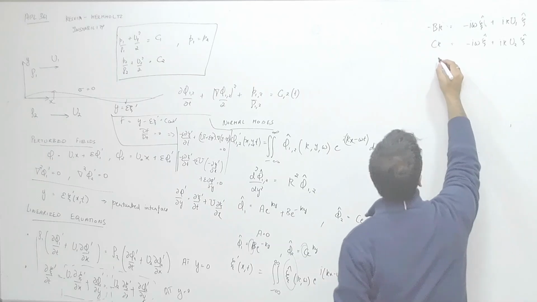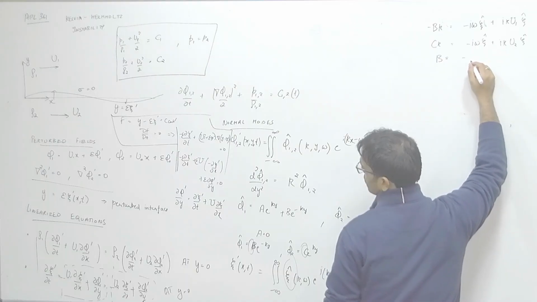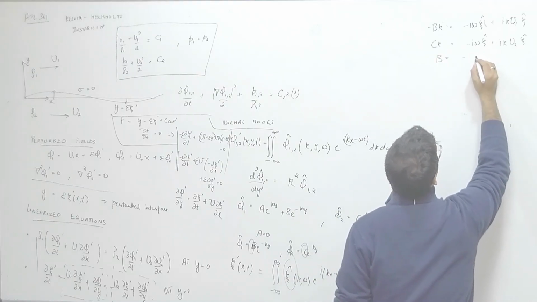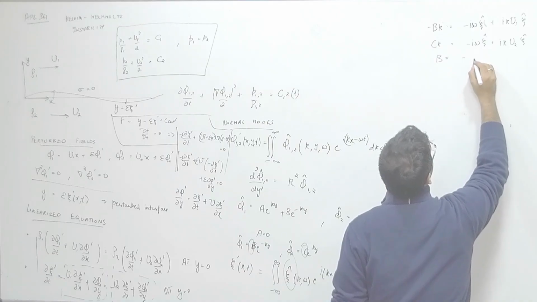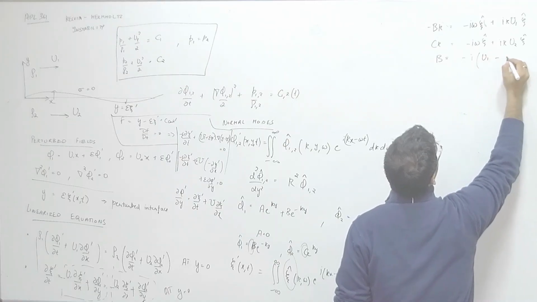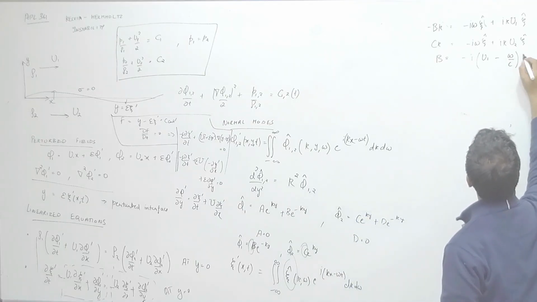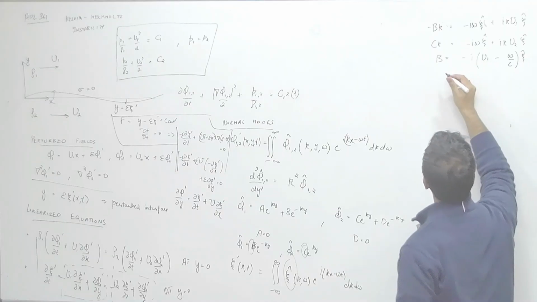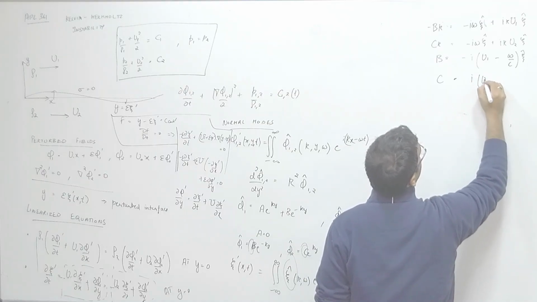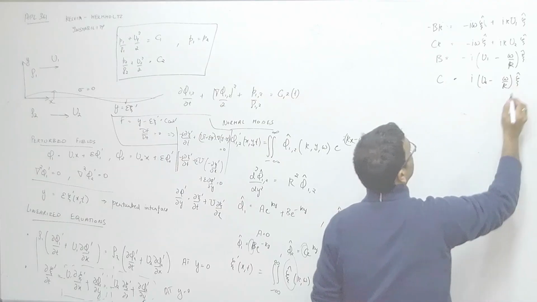Okay, so b is minus of I u1 minus omega by k, right, c hat. So there are two minus signs, and then you have a c which is I of u2 minus omega by k c hat.